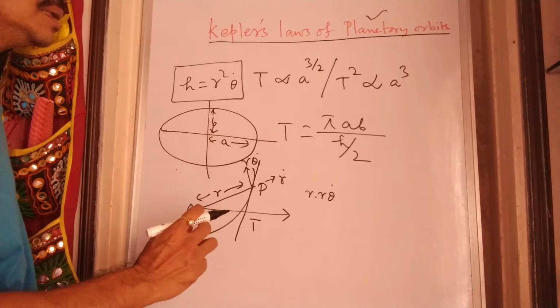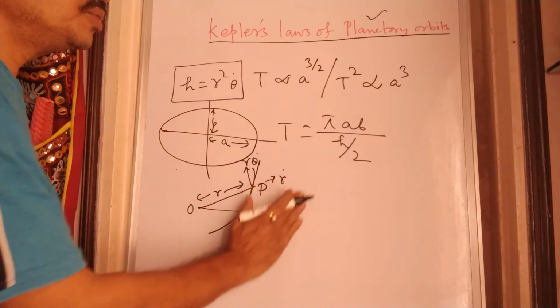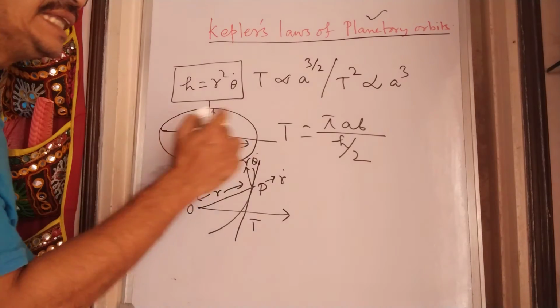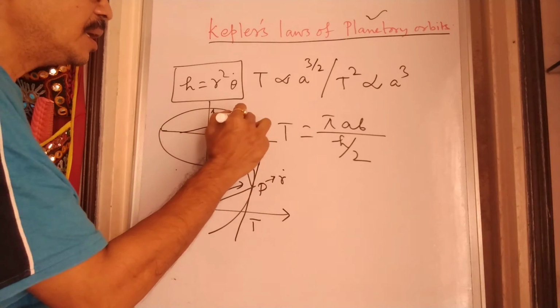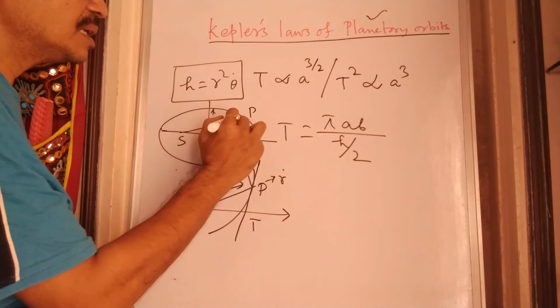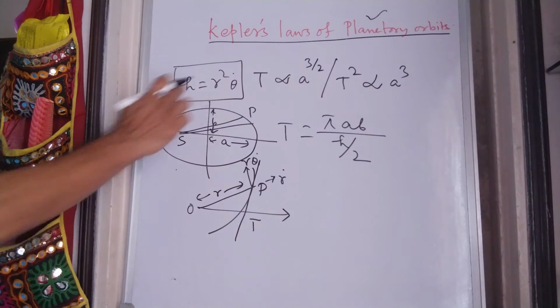And the time period is calculated with this formula, since pi ab is the total area of the ellipse and the rate of sweeping out by this radius vector SP is h by 2, half r square theta dot.